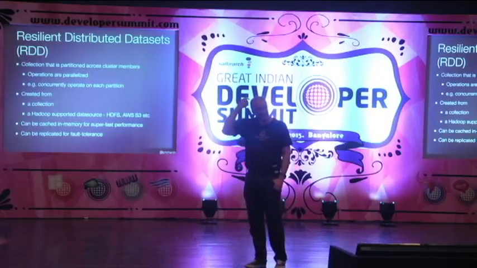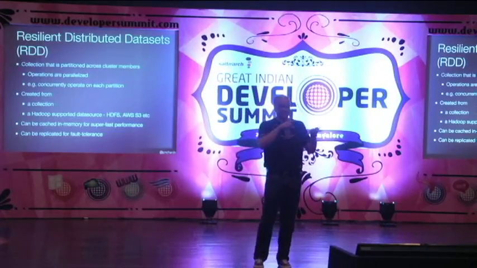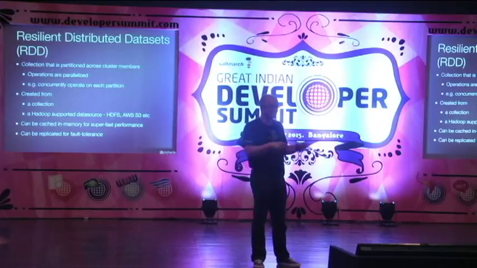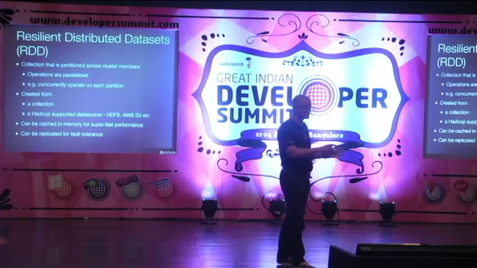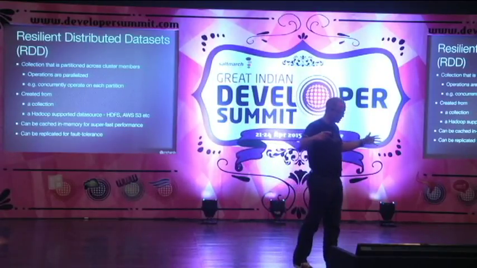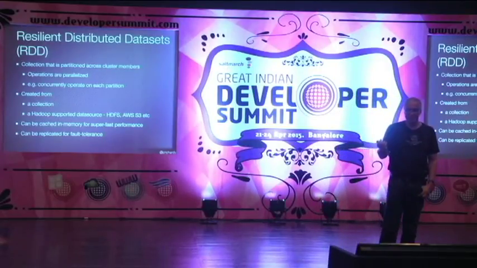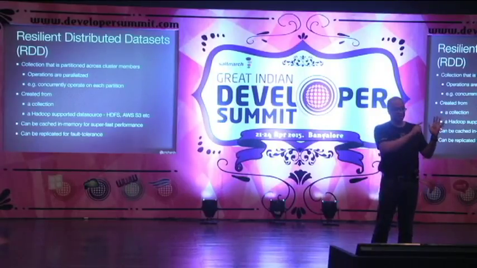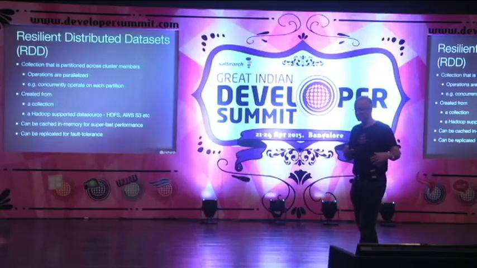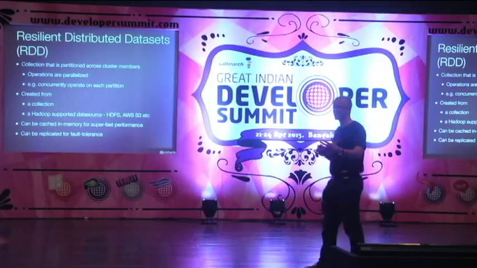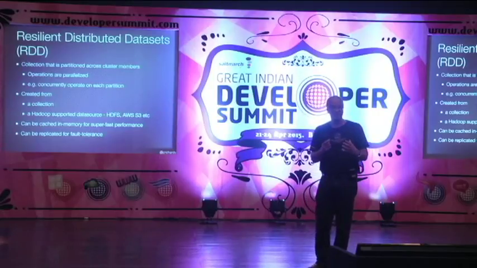They're basically indistinguishable. But what's actually happening under the covers is that these collections are partitioned across a cluster of machines. So when you perform an operation on one of these RDDs, it's actually being performed concurrently on all of the cores, on all of the machines in the cluster, so you get this massive parallelism.